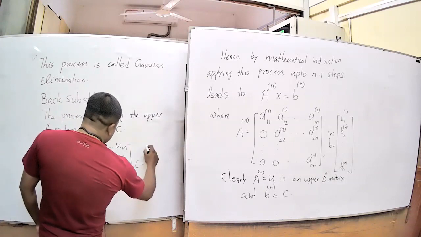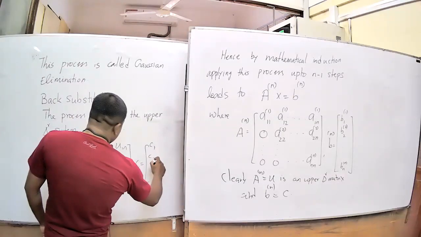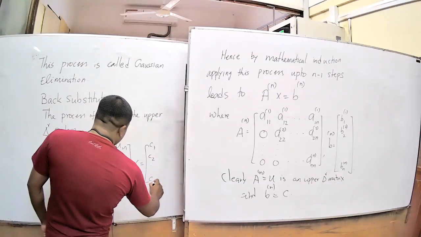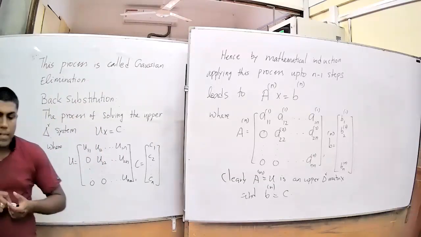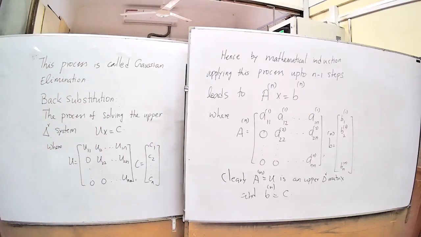And then your C is c1, c2, all the way up to cn. So this is your upper triangular system, and solving it is called back substitution.